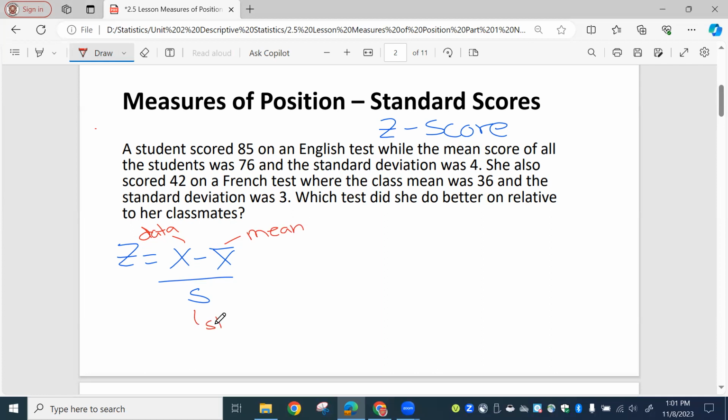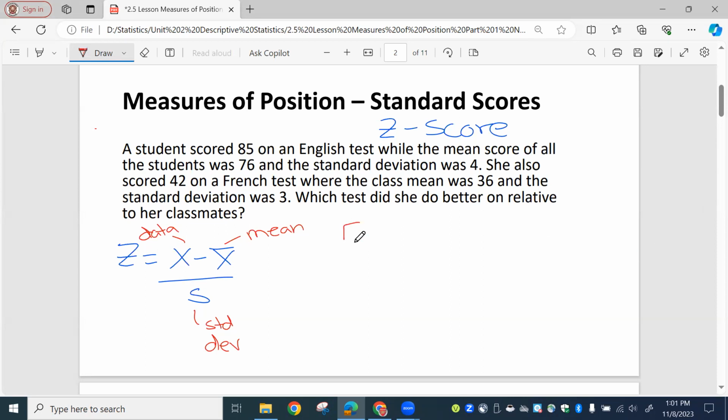And S is our standard deviation. And so what this does is when we calculate a z-score, it tells us how far away from the average score is our specific score. If it's a positive value, that means we're above the average. If it's a negative value, it means we're below the average. And the larger the number, the further away we are.